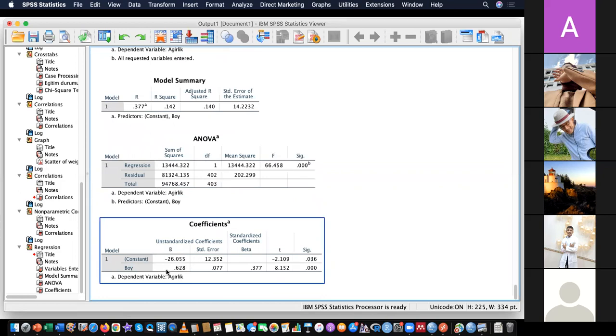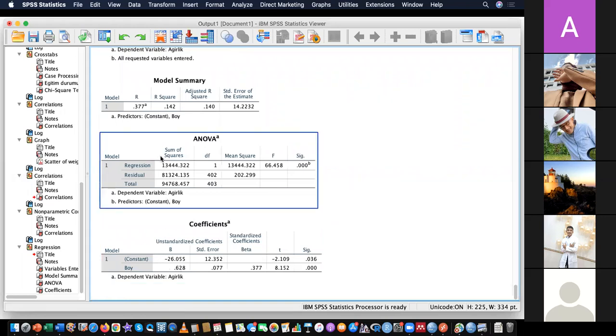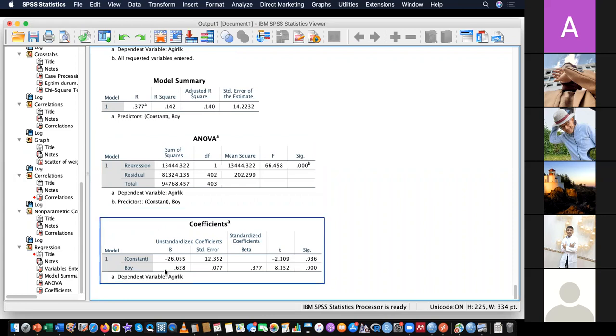And then you have a formula. This is the regression formula to estimate the body weight. How can I find the body weight? By using this formula: -26 plus this constant here, 0.62, multiplied by height.